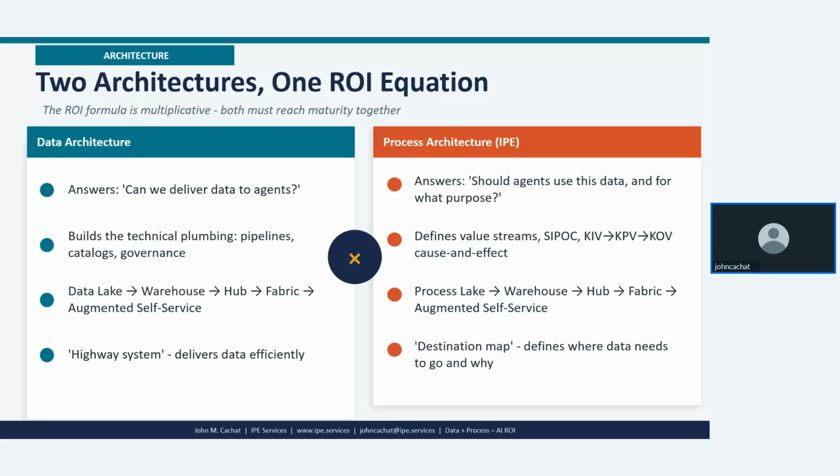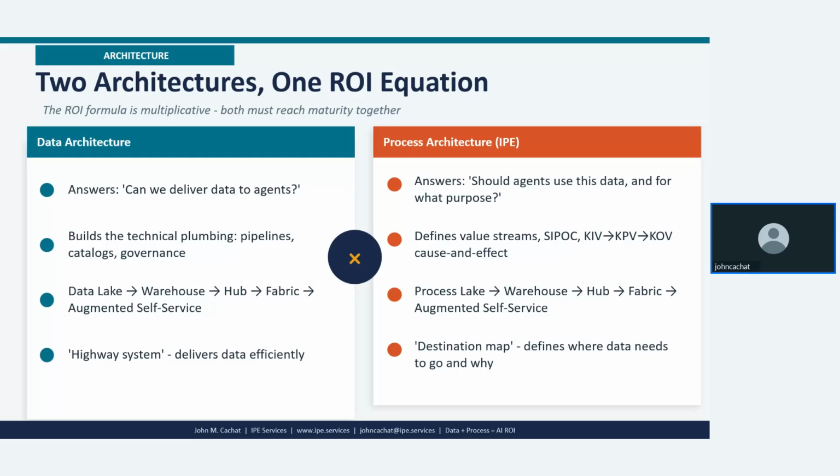On the process side, we're trying to explain, should the agents use this data and for what purpose? On the data side, we're building technical plumbing, pipelines, all the IT governance stuff. On the process side, we're looking at value streams, SIPOC or supplier, input, process, output, customer, tables, and relationships.